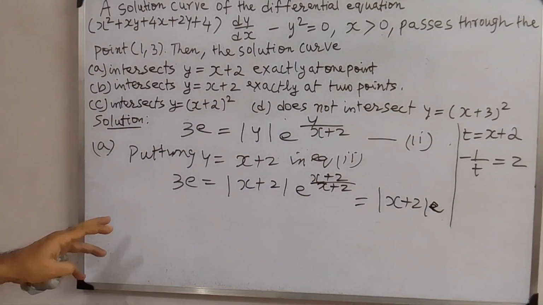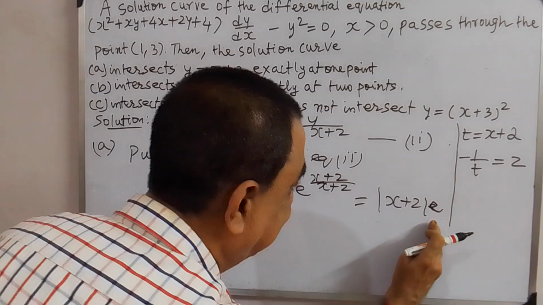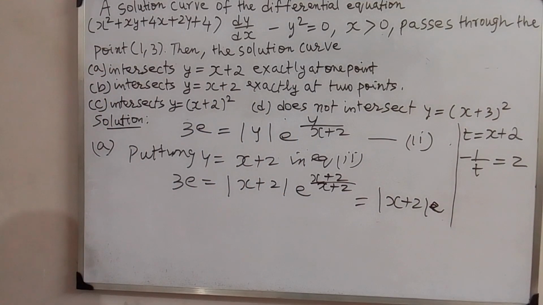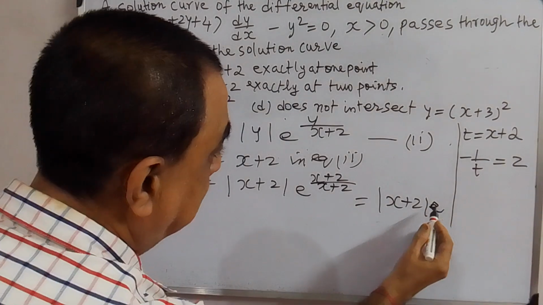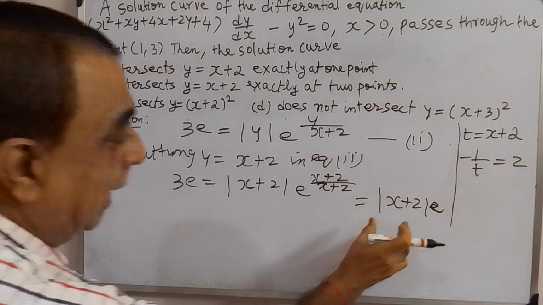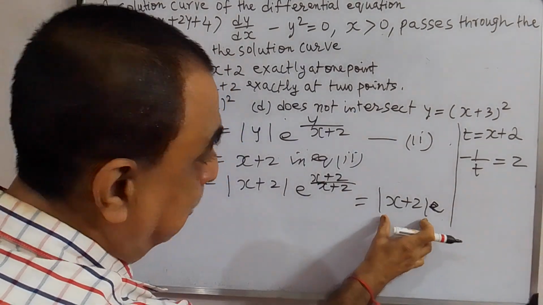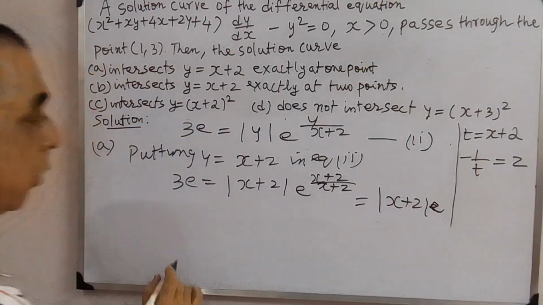Now see here. If the left hand side and right hand side are equal, then the power of e on both sides should be equal, and the number before e, that is the coefficient of e on both sides, should be equal.